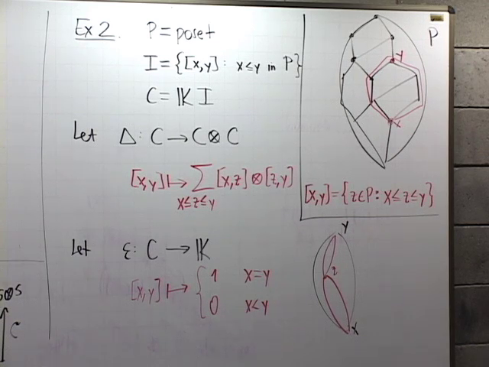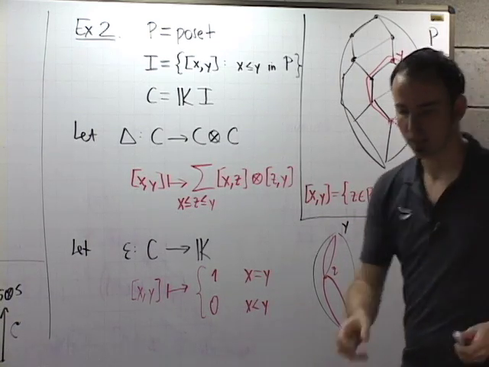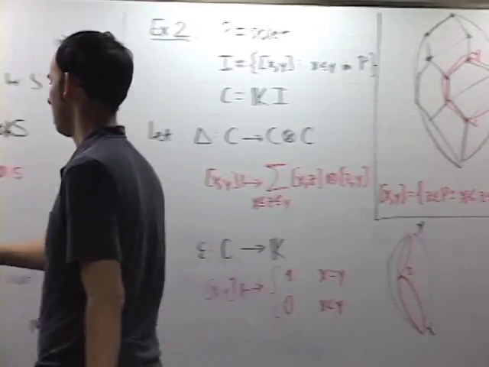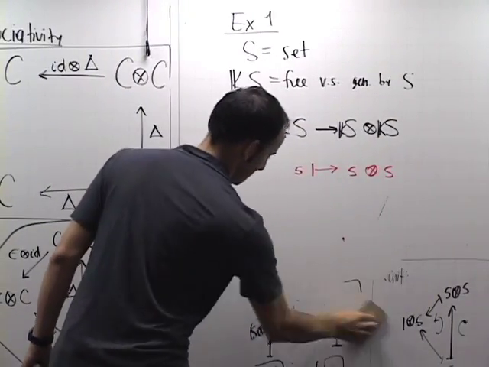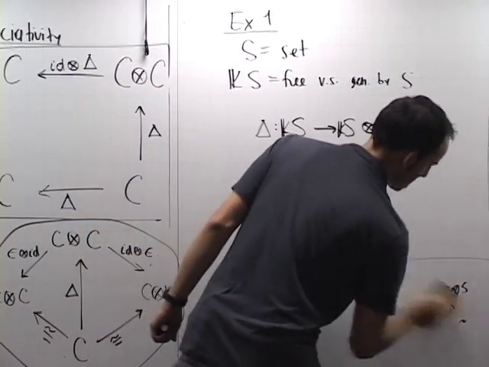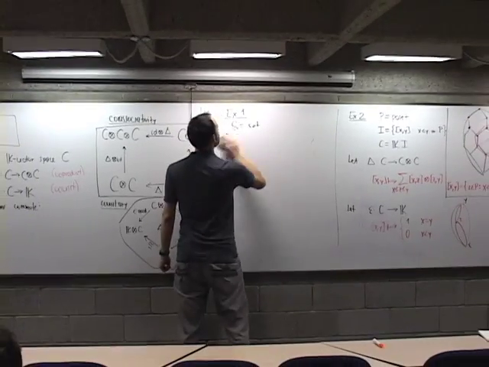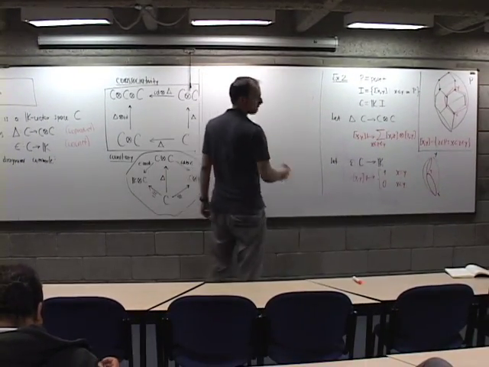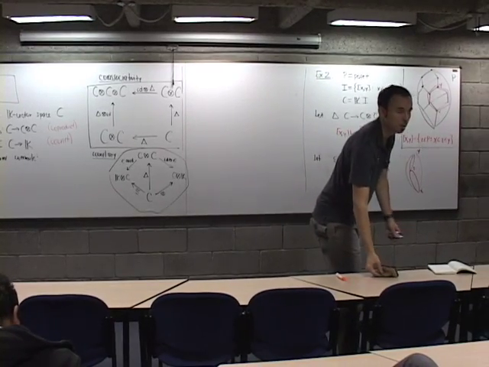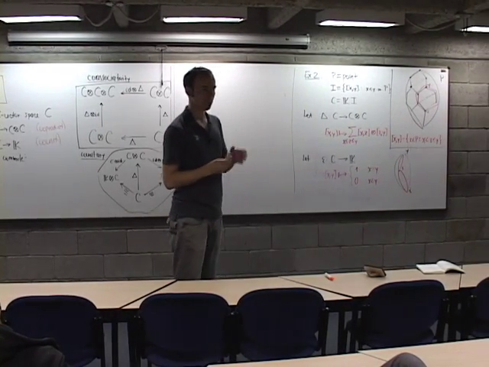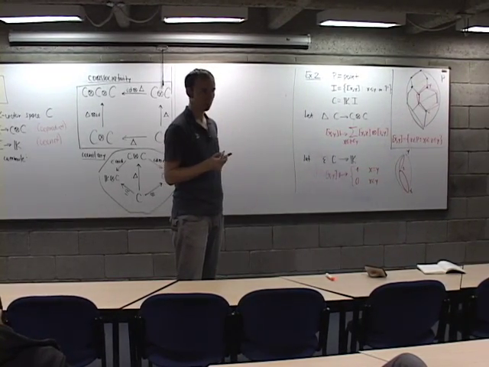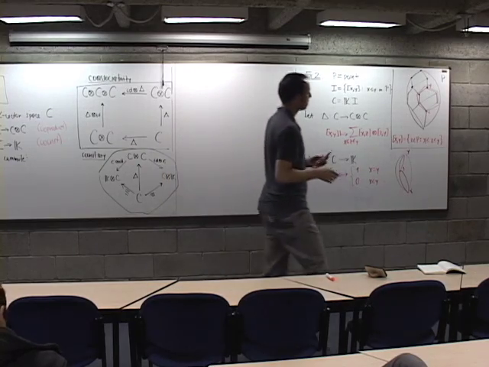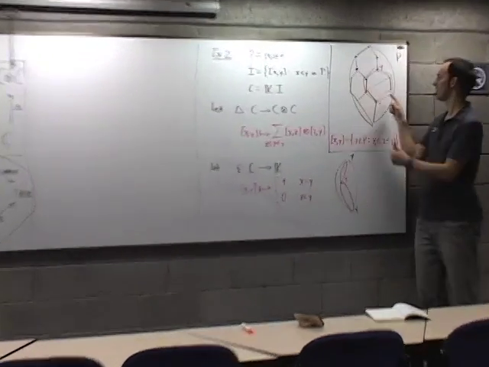Okay. Let's check that this is actually a coalgebra. So this is more fun. And maybe in the poset you have elements that are not comparable, like these two.